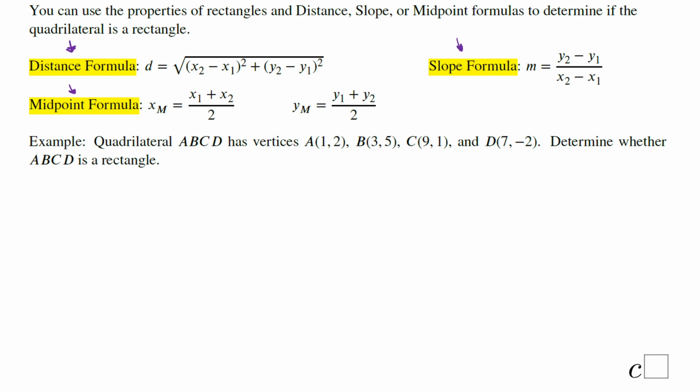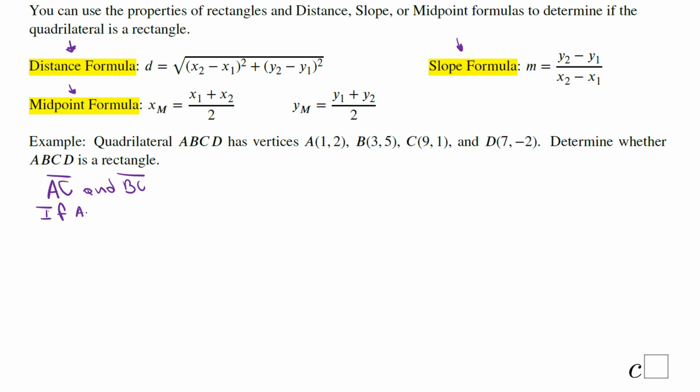Obviously, one way to do it is to look at the diagonals of this rectangle, AC and BD, and you can find how long they are, and if they are congruent, if they have the same length, then we have a rectangle. That is the property of a rectangle.